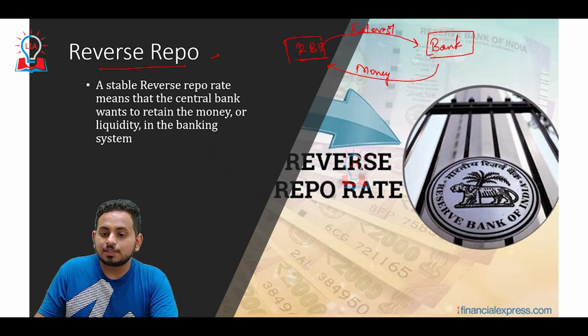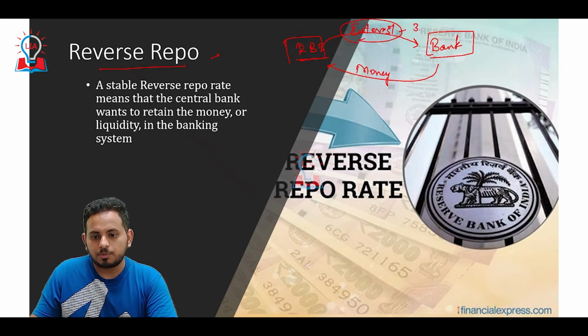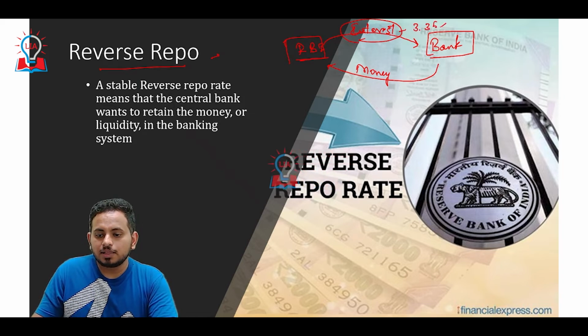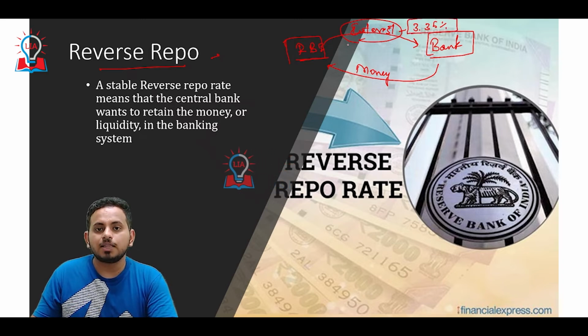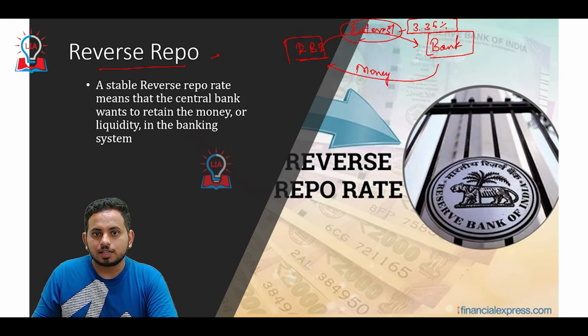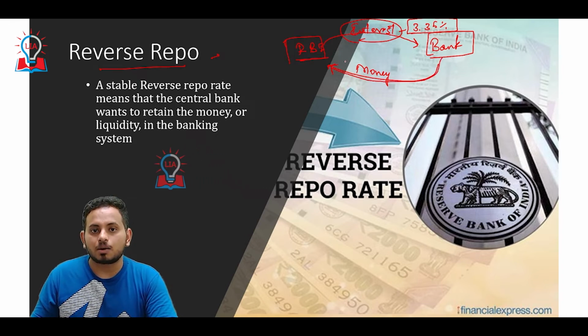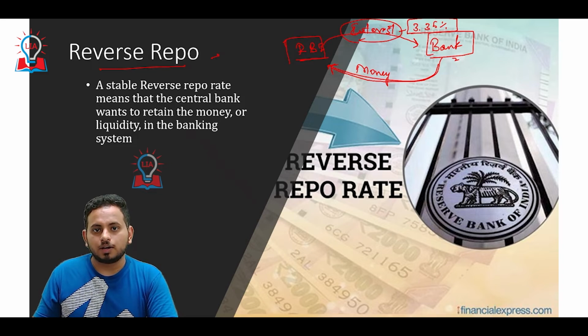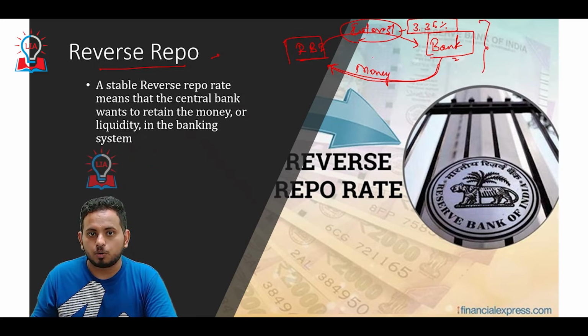This interest is what was decided by the Monetary Policy Committee, that is 3.35%, the interest paid by the RBI to banks for whatever funds or money is kept with the RBI by the banks. This is the entire concept of reverse repo, and the opposite is repo.